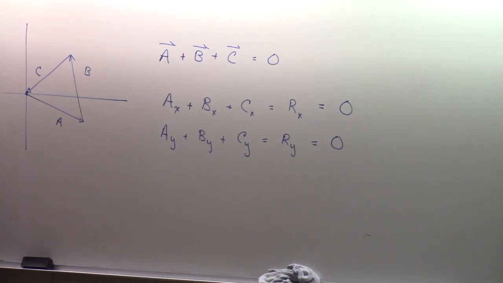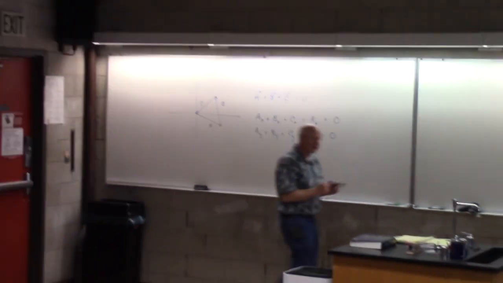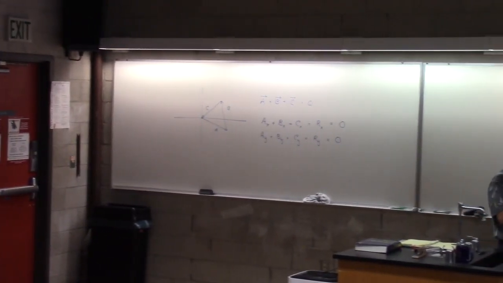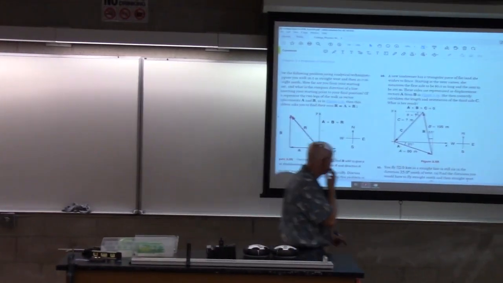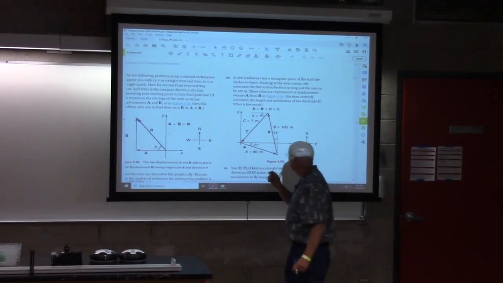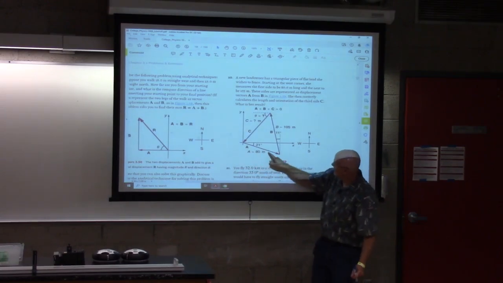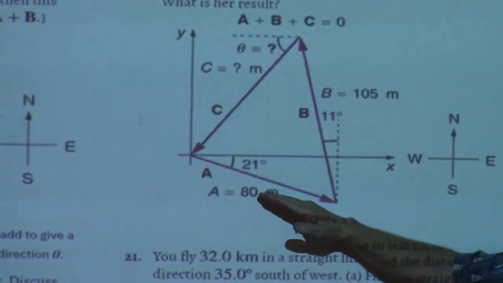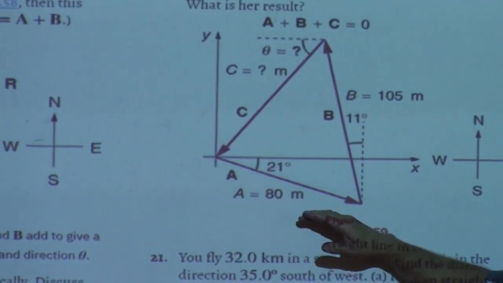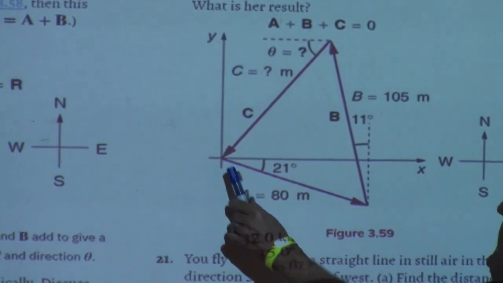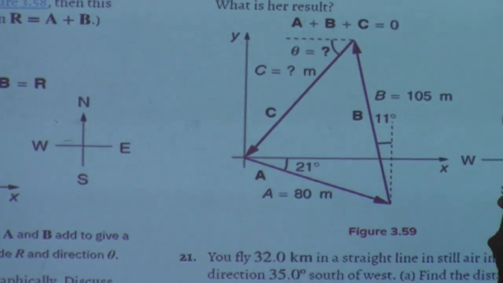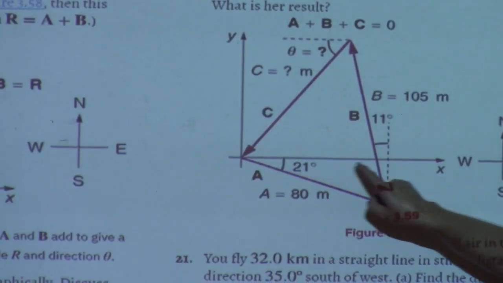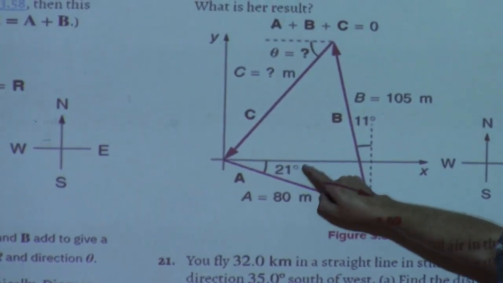So now let's break these into the separate pieces. Let's just focus on how would you get A sub x? Oh yeah, this one is actually given. We have a length and we have an angle. And so if you look at this triangle right here, this x piece would be related to the adjacent.